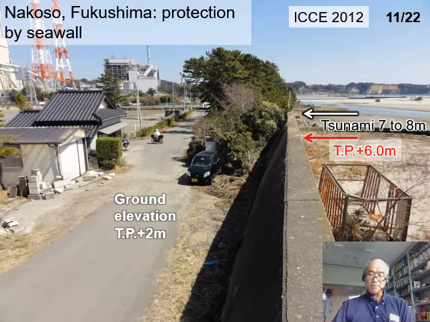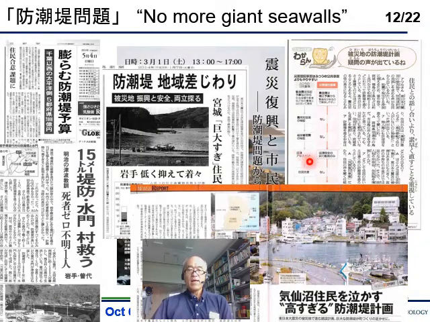However, in the news media, the effectiveness of seawalls was not reported appropriately. Many people started to consider seawalls useless. So this is the so-called no more giant seawalls movement.